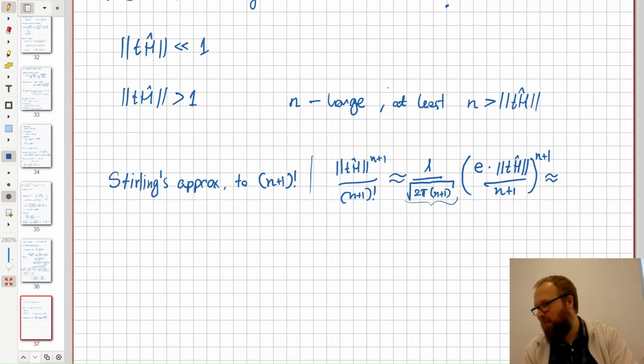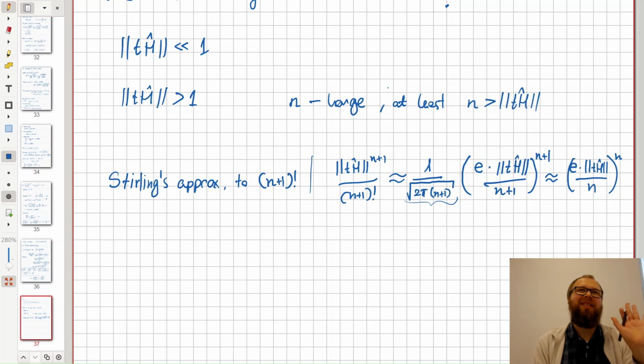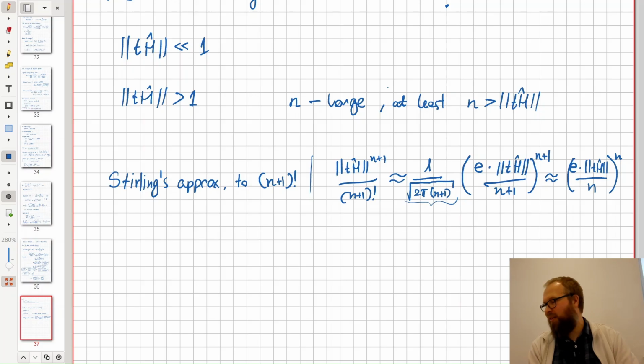Let's say that this is more or less e t h divided by n to the power n. This is the order of magnitude that's kind of agreed. The real difficulty here is the scaling with n, and we preserve all the scalings with n here. So now we want to say that this thing is smaller than epsilon, so what is n?